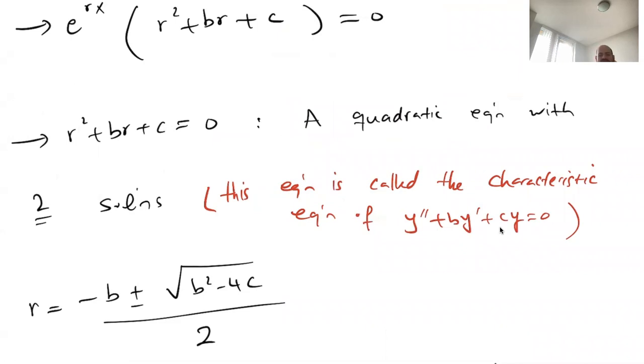So to find the characteristic equation of a differential equation, just simply use the same coefficients. See, the coefficients here are 1, b, and c. We use the same coefficients 1, b, and c, but instead of derivatives, we use powers. So instead of second derivative, you use power 2. Instead of first derivative, you use power 1, and instead of zeroth derivative, you use power 0, which is 1.